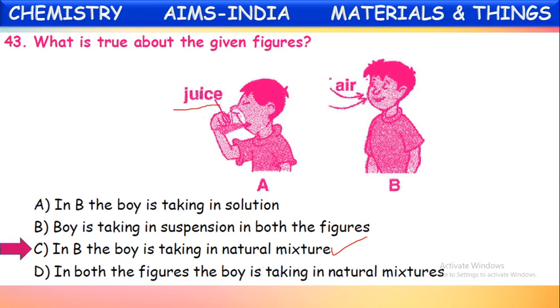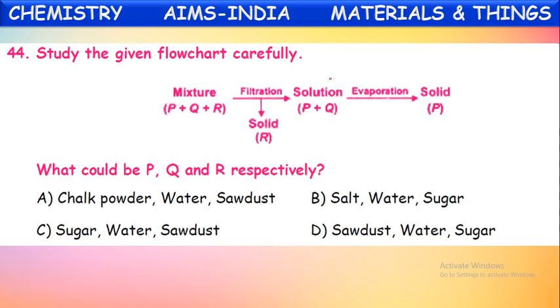Okay, next one. Study the given flowchart carefully and answer what these P, Q, and R are respectively. First they have taken the mixture of P, Q, and R and filtered it. From this we can understand that R, a solid, is removed.